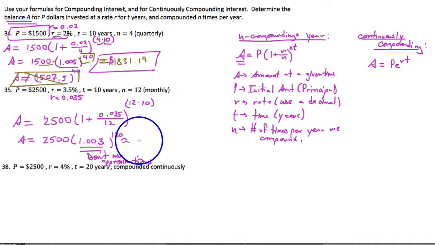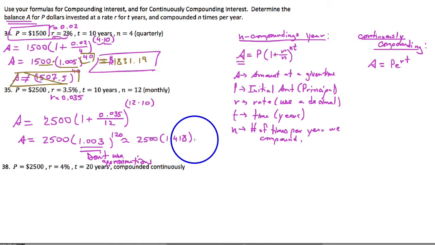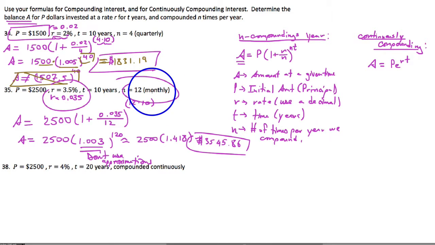So I'm going to say that this is approximately 2,500 times 1.418-ish. But what we're going to say, though, is we get exactly 3545.86. So about 3545.86, and we definitely see that we got some more money from this investment just because we had a higher rate of growth and we compounded more times a year.